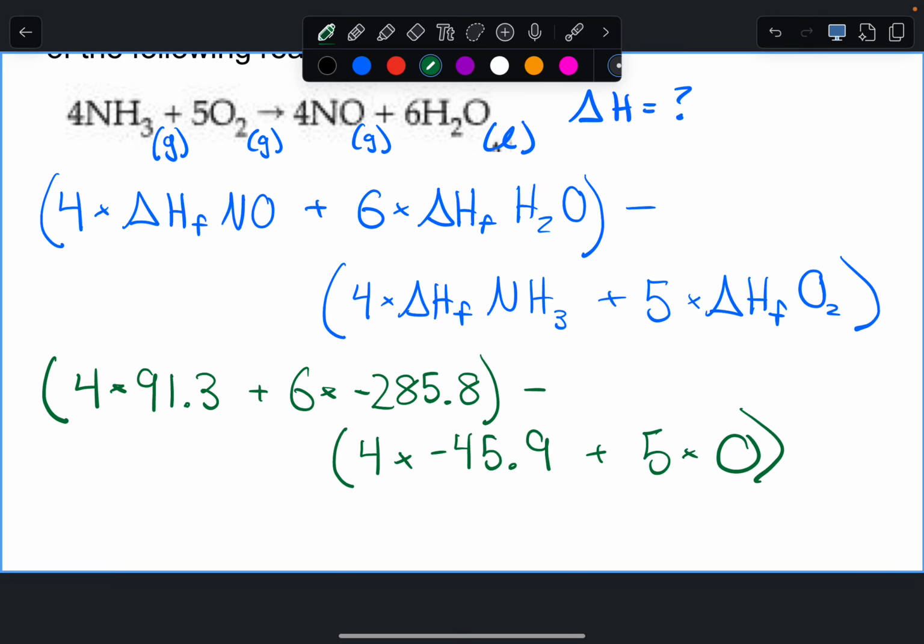So I'm just pulling all these values from the table and plugging them right into that equation. It doesn't look familiar. Let me double check that I didn't miss a number in here.